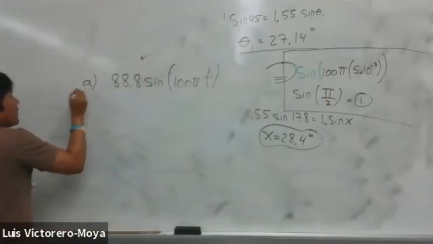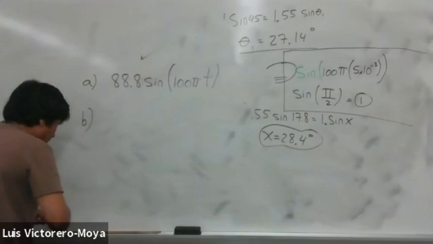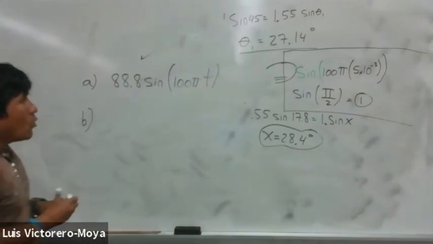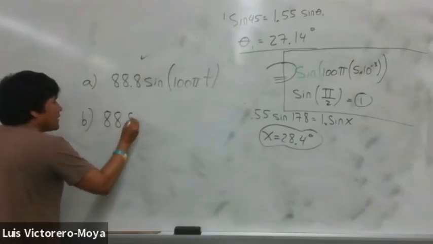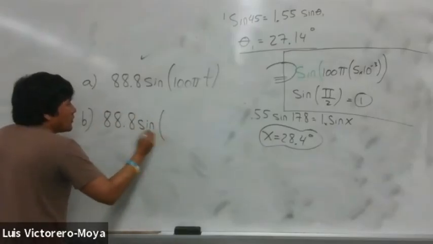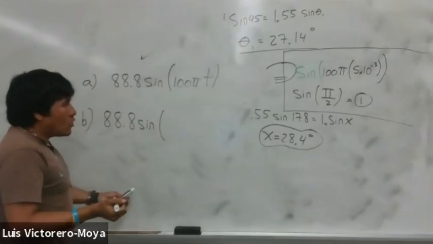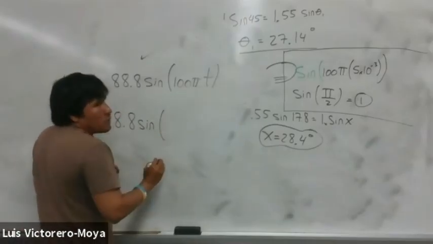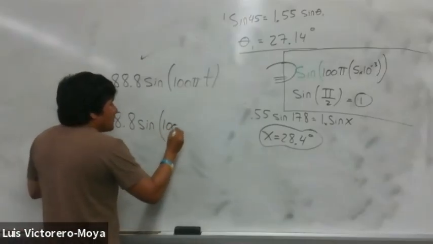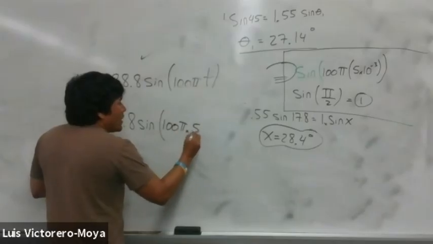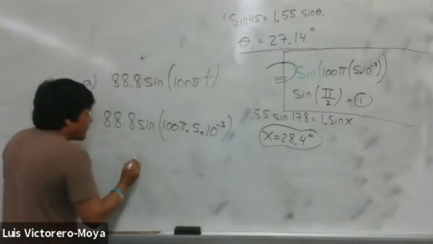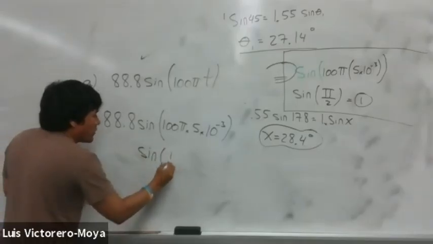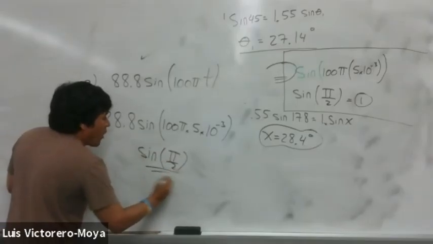Part B is asking you to evaluate when t is 5 milliseconds. So that's what I did there. 88.8 sine of, so this is why I said that I should have told you before. You don't put pi as 3.14, just leave it as pi. 5 milliseconds. If you multiply this, you get sine of pi over 2, which is 1.